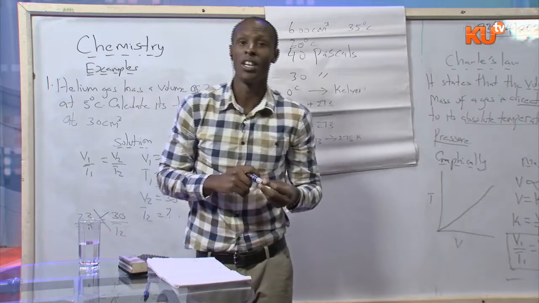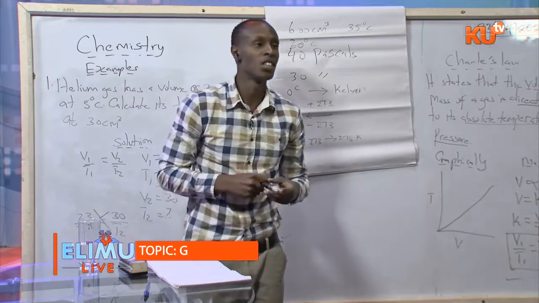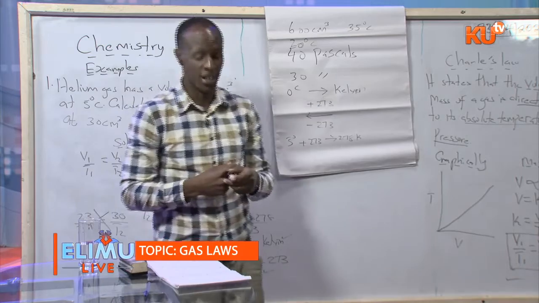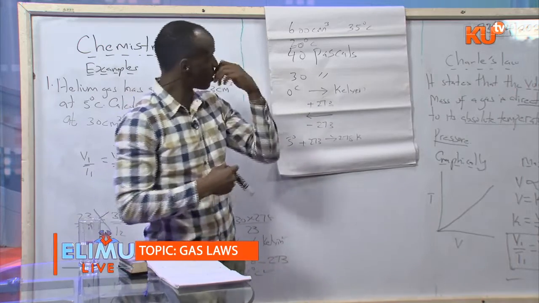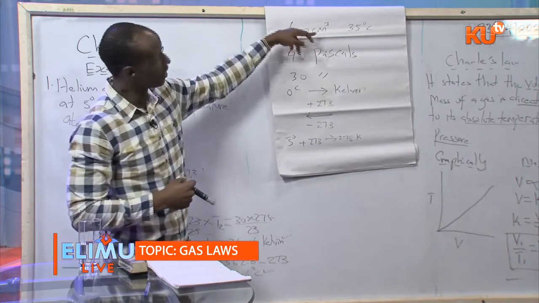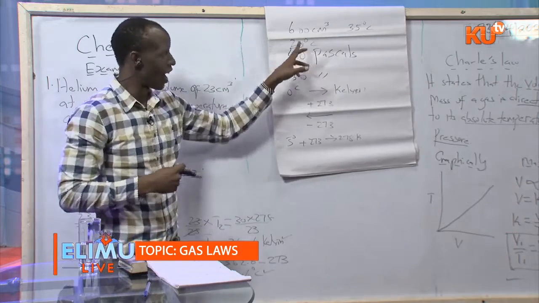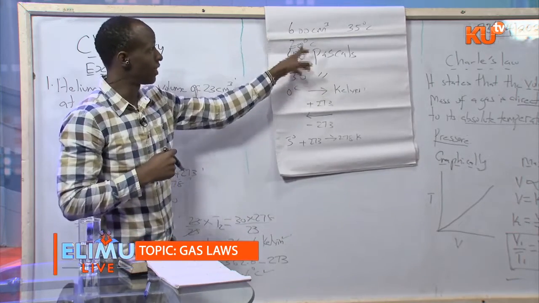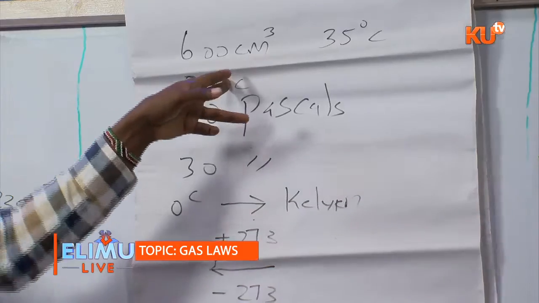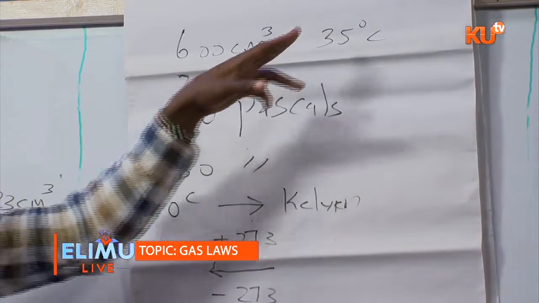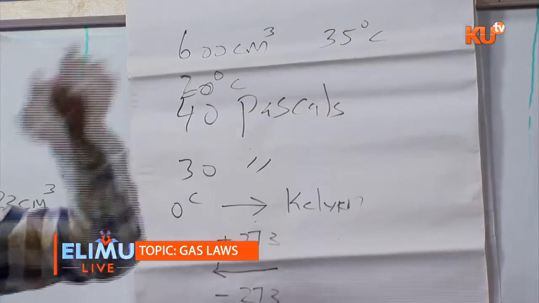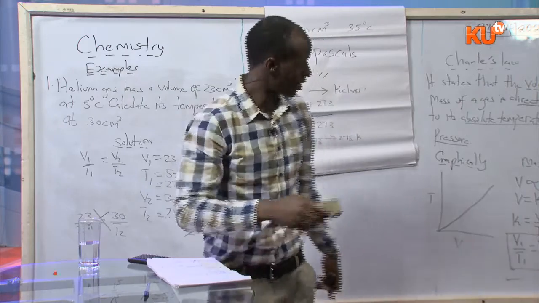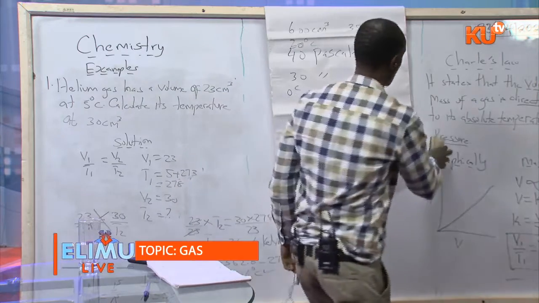Calculate its volume if the temperature is increased to 35 degrees Celsius. Let me repeat it. The volume of oxygen gas is 600 centimeter cubed at 20 degrees Celsius. Calculate its volume if the temperature is increased to 35 degrees Celsius. So you can attempt that during your free time.